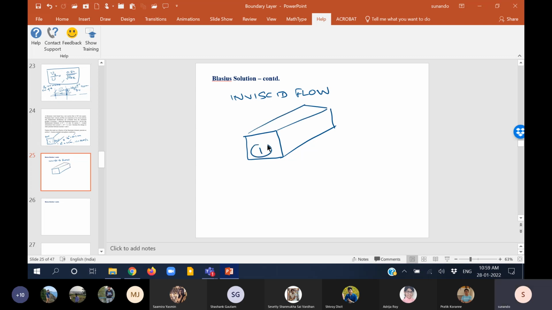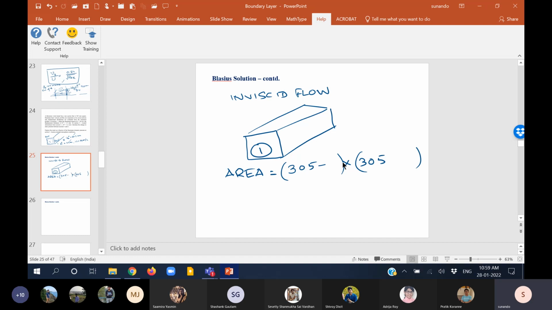So station 1 will have an area. What will be the area at station 1 for inviscid flow? Instead of 305 into 305, what would be this area? I have reduced it.